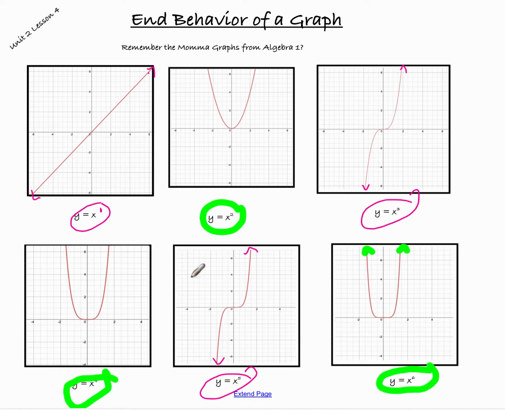And we know that if we were to put a negative in front of them, so let's say we take this x cubed, and we said y equals negative x cubed. We would still have one tail up, one tail down, but the up would be first, and the down would be second.